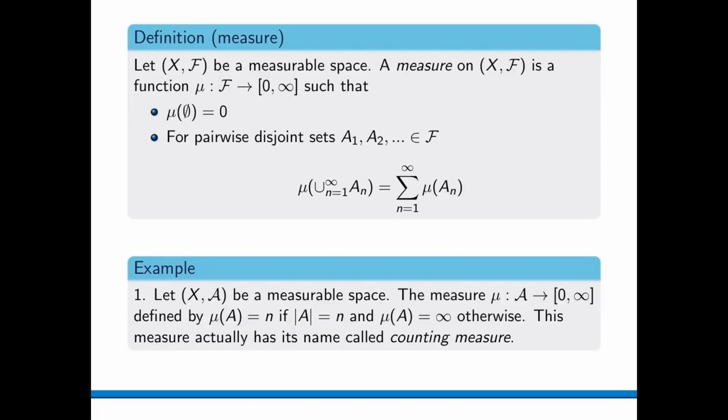Here's an example. Let X be a set and curly A be a sigma algebra on X. The measure mu from curly A to the extended non-negative real numbers is defined to be the cardinality of the set A if A only contains finitely many elements, and the measure of A equals positive infinity otherwise, so basically if A contains infinitely many elements.